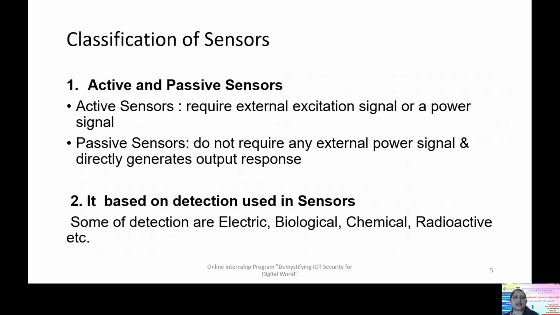The next classification of the sensor is based on the detection used in the sensors. Depending upon what type it detects, we have different types of sensor classification.